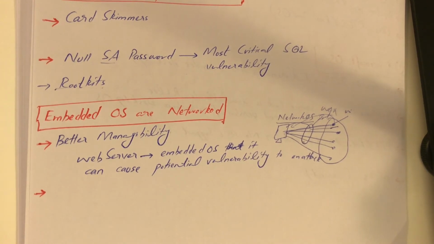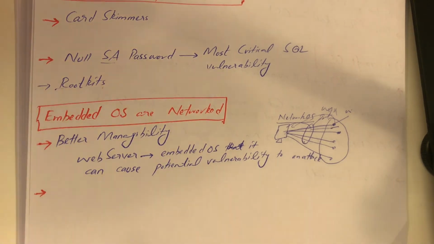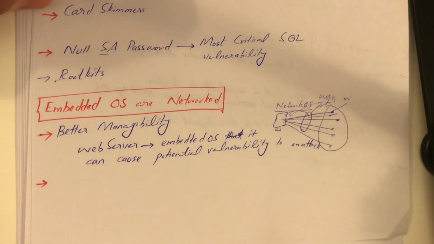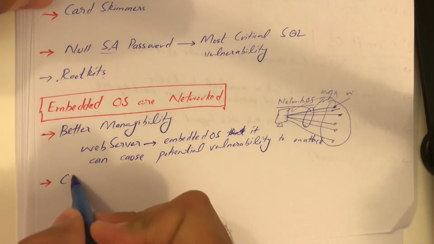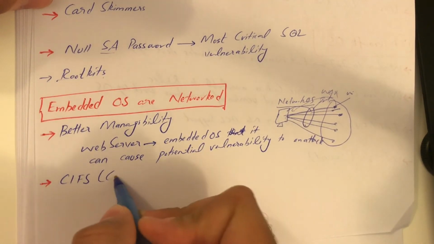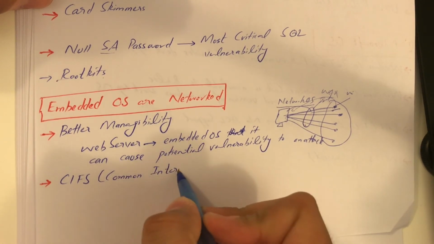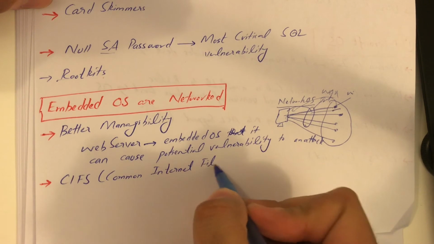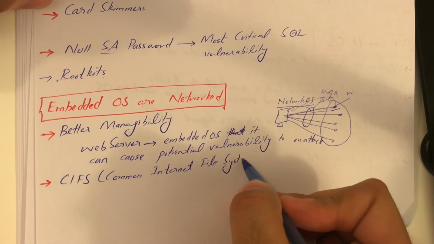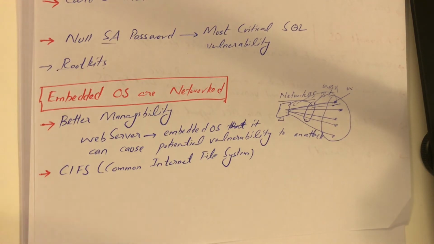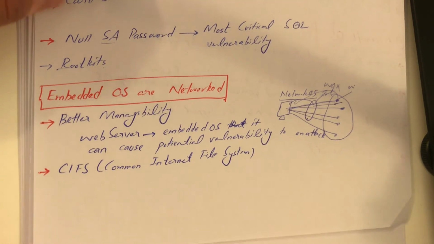In order to control this, we use filing systems again. From the network side, one of the filing systems is CIFS, the Common Internet File System. There are different levels in the Common Internet File System, like user level, share level, server level, and so on.